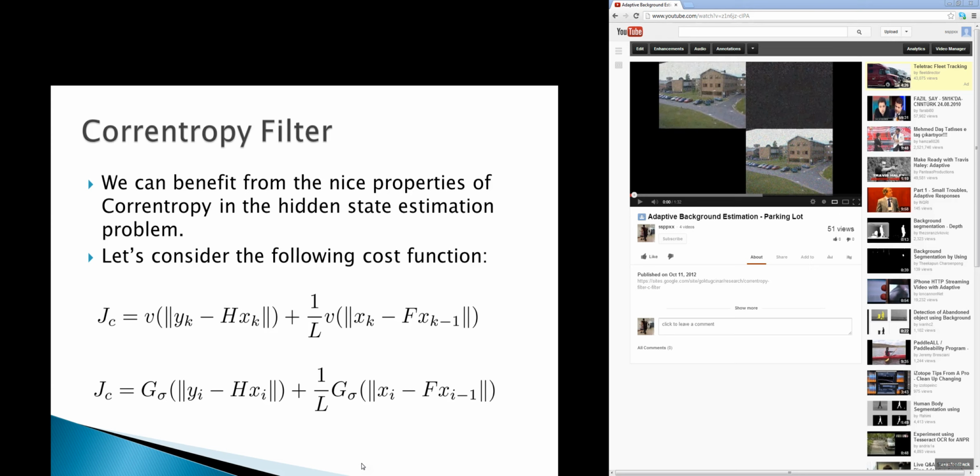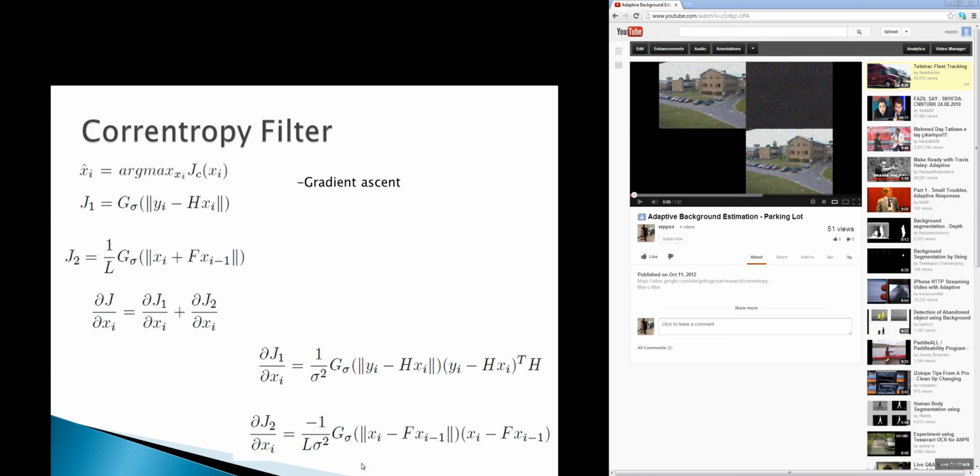As we have done before, we will use the sample estimator instead of the expectation operator, and we will use one sample estimation to use the instantaneous gradient. Thus, we can find the best estimate for the hidden state by maximizing the cost function with respect to x_k. We can separate this cost function into two parts, and the gradient will be as follows for each part.